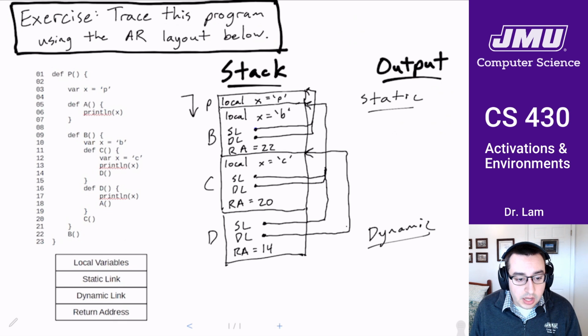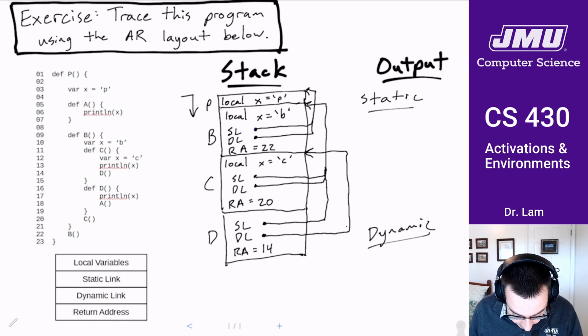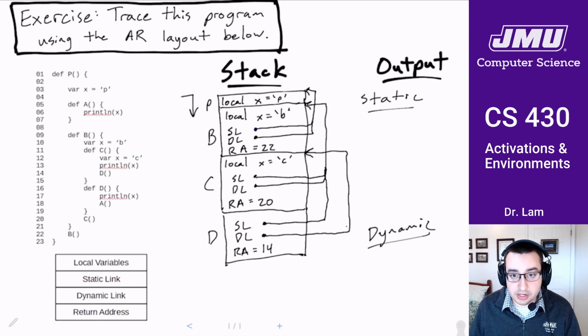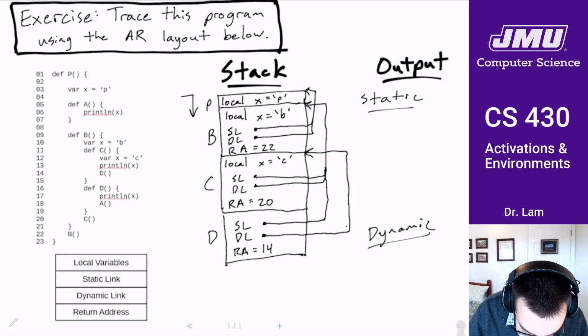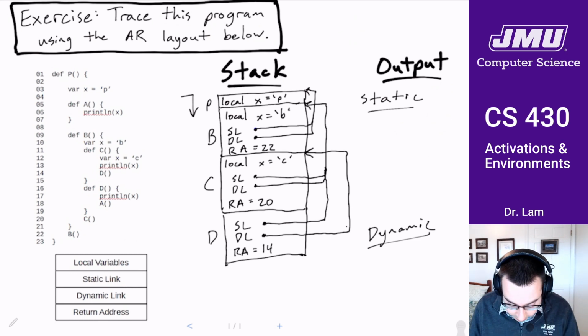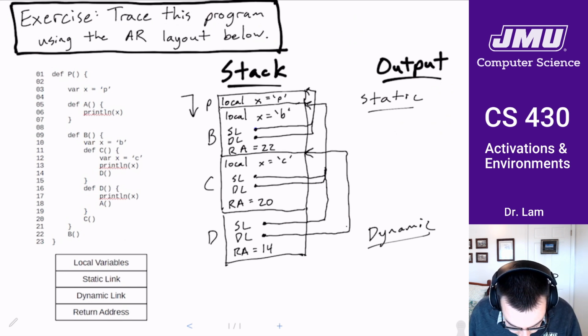Okay, so then inside of D, and I realize I'm kind of skipping over the print line at this point. Actually, I probably shouldn't do that. I should go ahead and do the output at this point. So the output: there was no output in B, but there was some output in C, and I probably should not have skipped that.